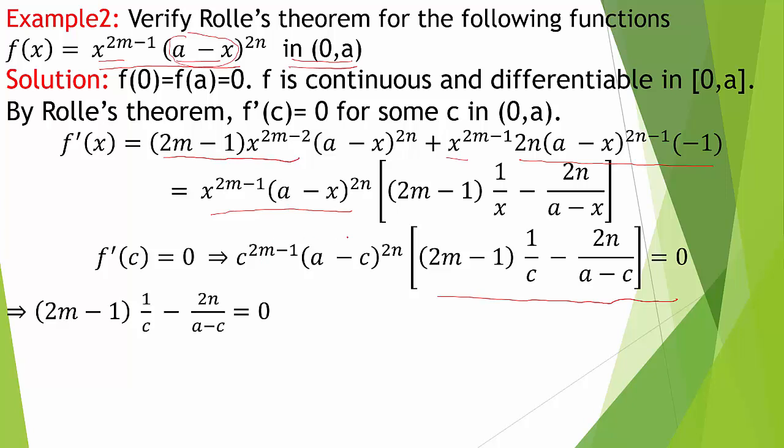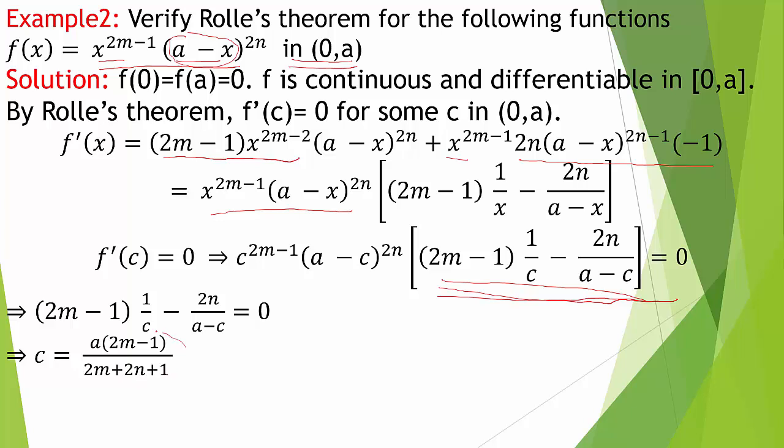This term will never be 0. f dash c equal to 0 implies that this term, as this is a multiple term, this term must be 0. That is (2m minus 1) divided by c minus 2n divided by (a minus c) equal to 0. This implies that c equal to a into (2m minus 1) divided by (2m plus 2n plus 1).